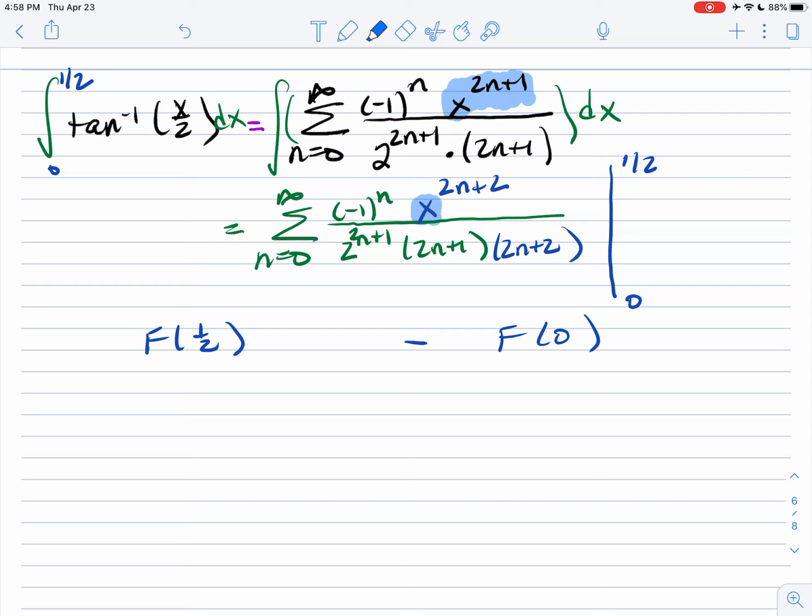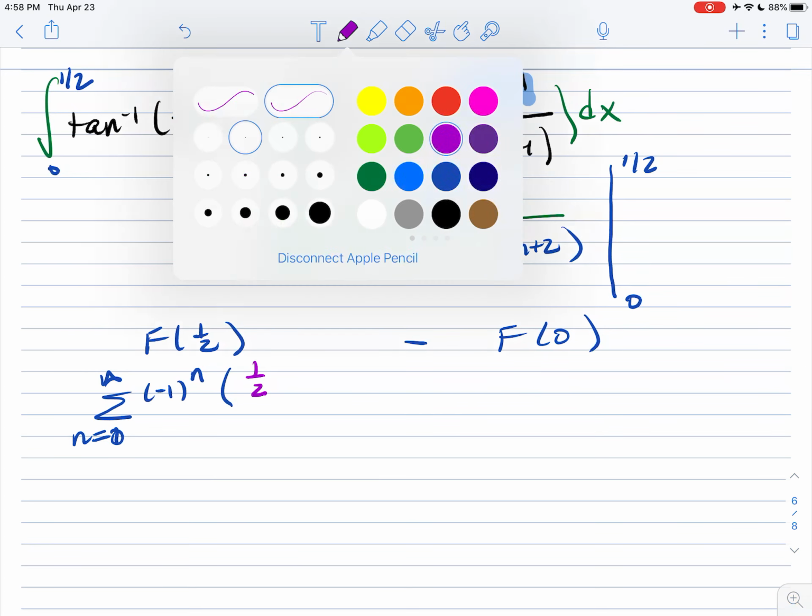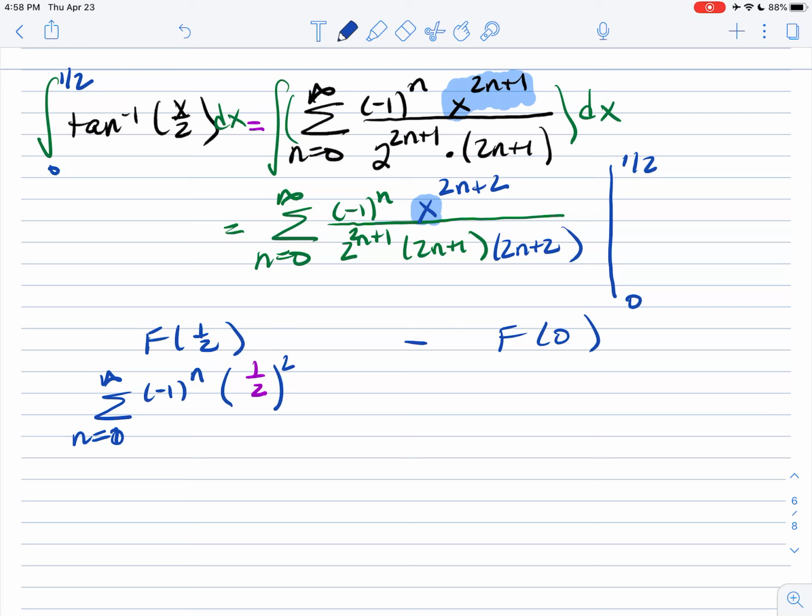So I end up with the summation, n equals 0 to infinity of minus 1 to the n times 1/2 to the 2n plus 2 over 2 to the 2n plus 1 times 2n plus 1 times 2n plus 2.